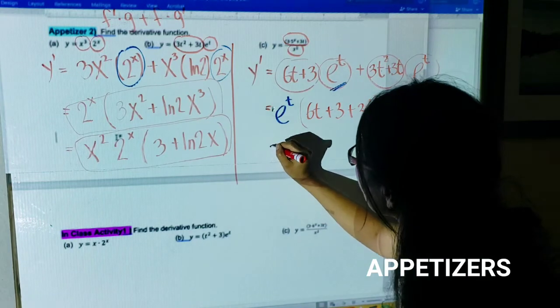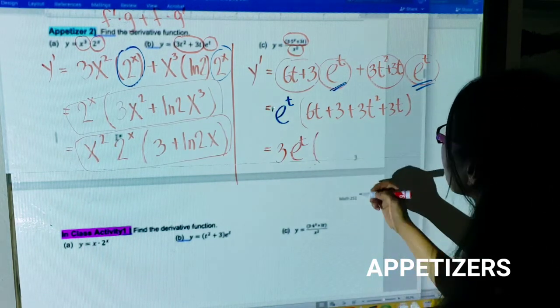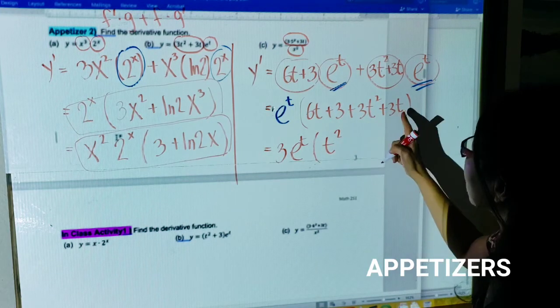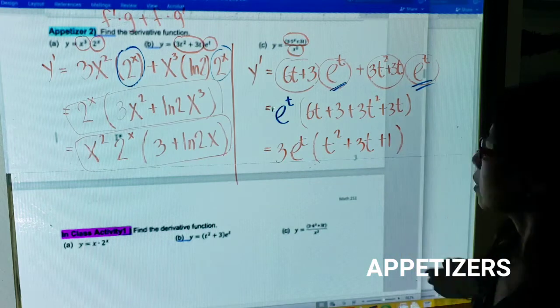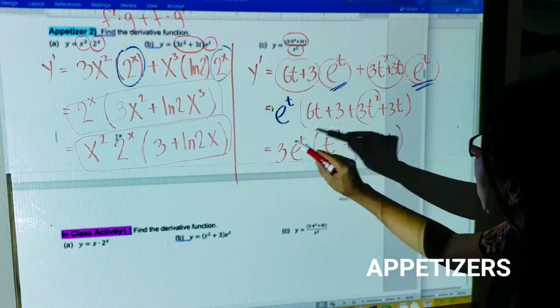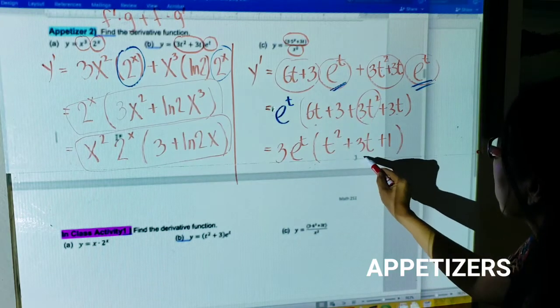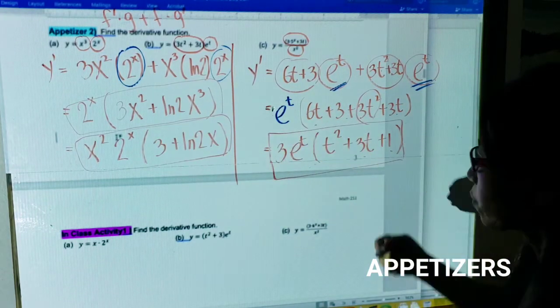Oh, I guess I can pull out 3. Then 3 e to the t makes, sorry, I'm going to do 2 steps at the same time. That's going to be plus 3t plus 1. Am I correct? Hopefully I didn't make a mistake. I did 2 steps. So this one, pull out 3. This one is a 9t, pull out 3. 3, pull out 3. So this is what I get.